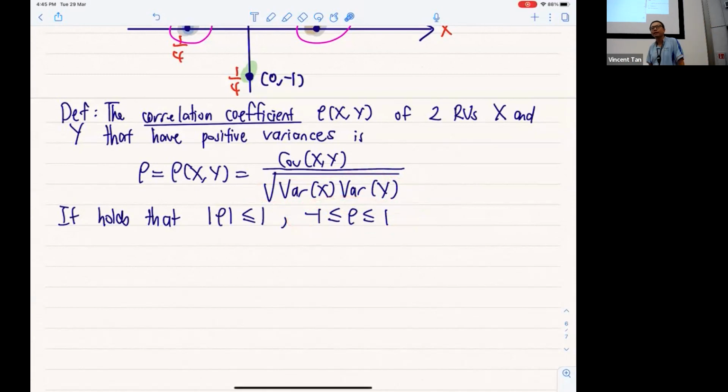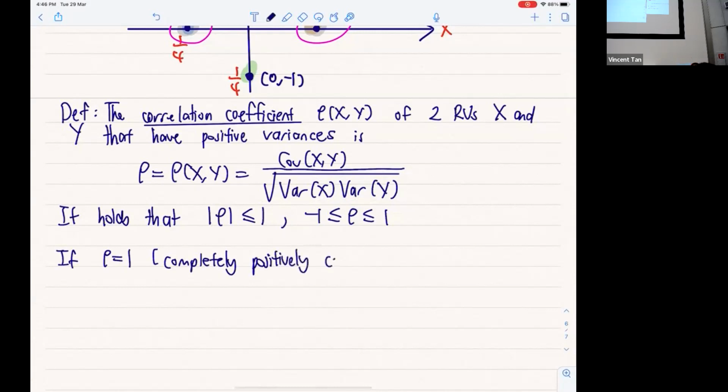So in particular, if rho is equal to 1, we call this completely positively correlated. I'm making up this term.